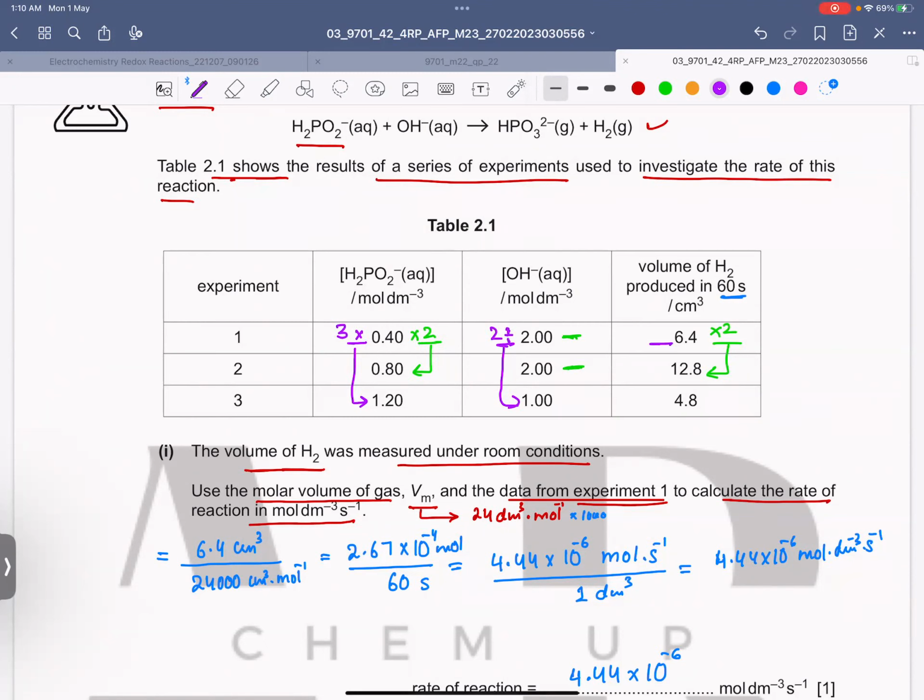So by which factor is the rate actually changing? Is it changing by 3/2? Can anybody confirm? So 3/4. 3/4.